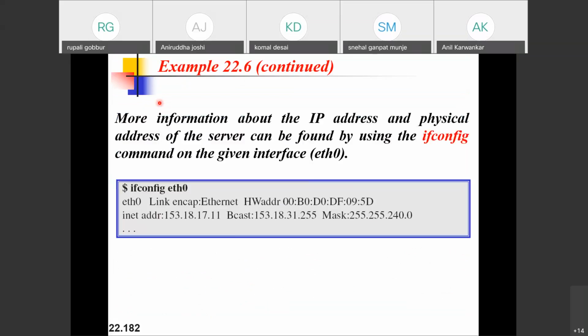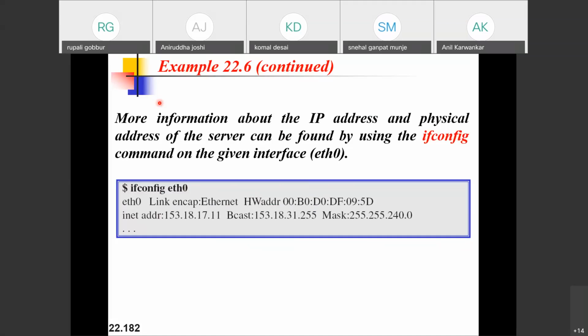One of the commands that can be utilized at the command prompt is ifconfig. Ifconfig provides you the hardware address, the broadcast address and the mask.